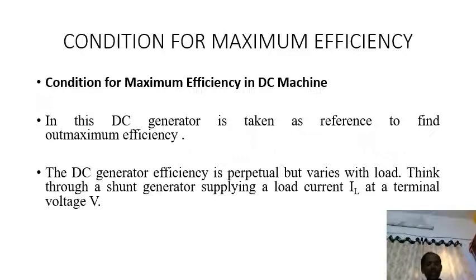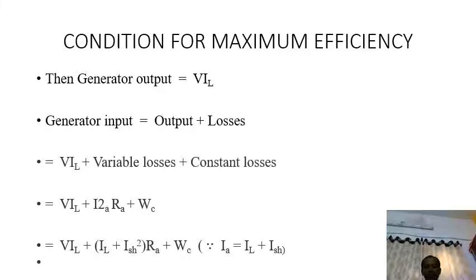Efficiency is defined as the ratio of output power to input power. What is the output power in a DC generator? VI. What is the input power? VI plus variable losses plus constant losses.